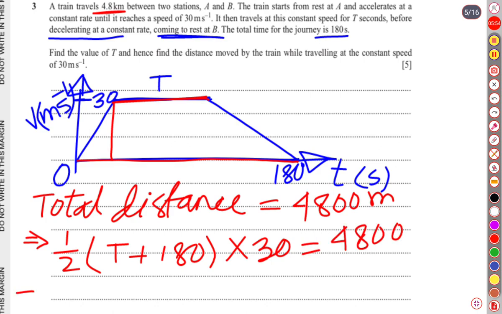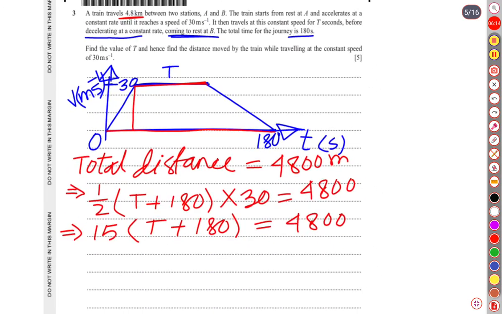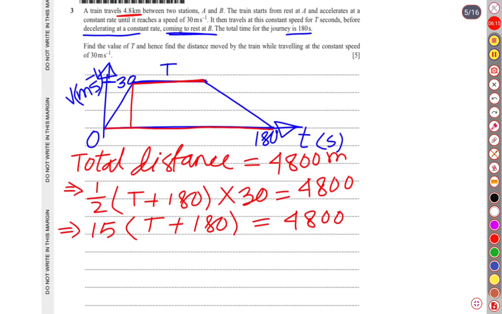Now, if we halve 30, it is going to be 15. So 15 into t plus 180 is equal to 4800.